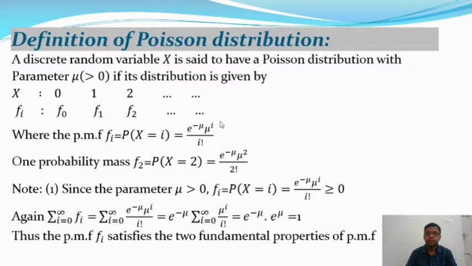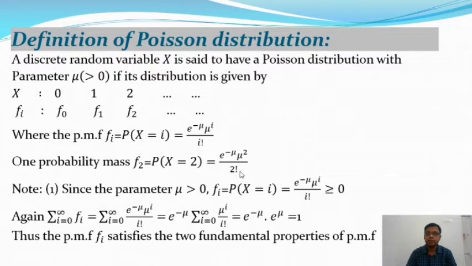So in a Poisson distribution, the probability mass function is e to the power minus mu into mu to the power i by factorial i at x equal to i. For the probability mass f2, we take i equal to 2. Therefore in a Poisson distribution it will give e to the power minus mu into mu square by 2 factorial.